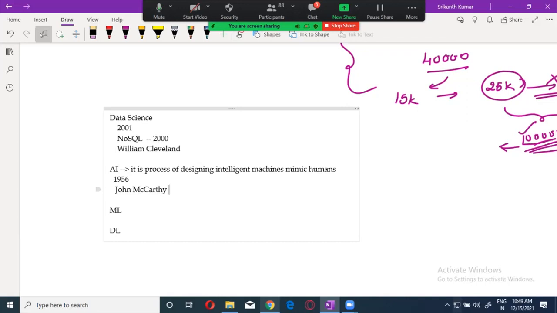You will not wait four months to learn about that. You will throw it. Who is doing that? It is you only. You behave differently in different situations. One is where you are learning. The second is where you have to react instantly. That is the way the machine should work. That is what John McCarthy was saying: it should be an intelligent machine which can mimic humans.